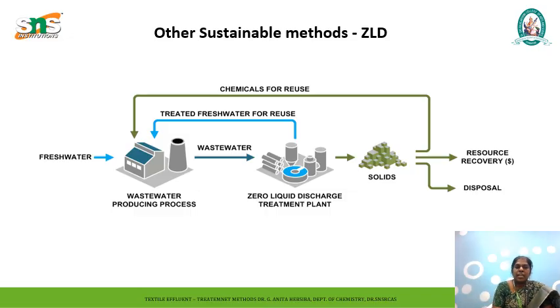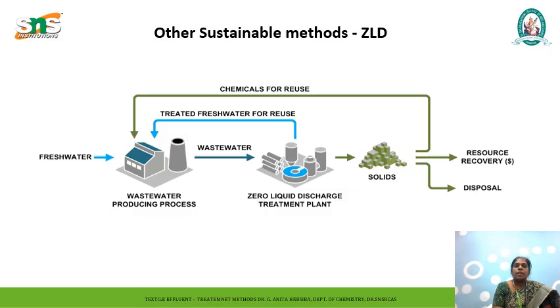So here you see the slide, that is, fresh water is given to the wastewater-producing unit, and then the wastewater comes out. Here you have a zero liquid discharge treatment plant.